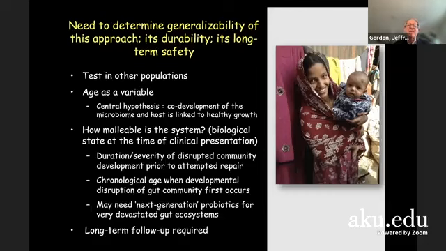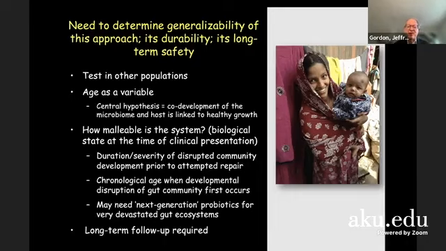So the key challenge is to determine now the durability of the effects of MDCF2, long-term safety, its generalizability. So we have to test in other populations as we are. There is a study being sponsored by the Gates Foundation, WHO, and UNICEF that involves multiple sites, Pakistan, India, Bangladesh, as well as sites in Africa, Tanzania, Mali, and Niger, of children with MAM, but over a broader age range, 6 to 24 months.